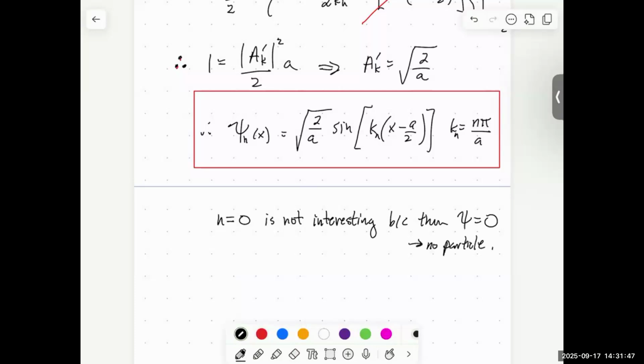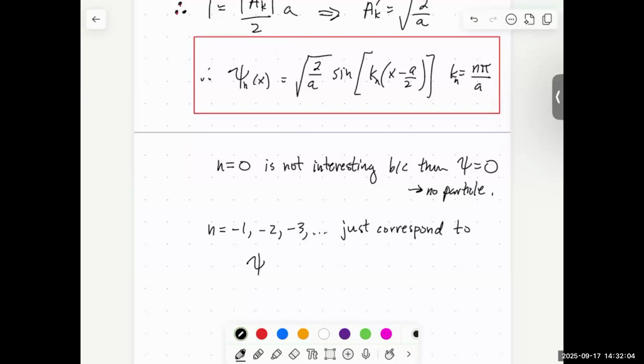Let's think about the negative values of n. So n equals -1, -2, -3, and so on. If I put in a negative n, my k becomes negative, but that's inside the sine. The sine's an odd function, so the negative sign I can pull out, and I would just get minus this wave function.